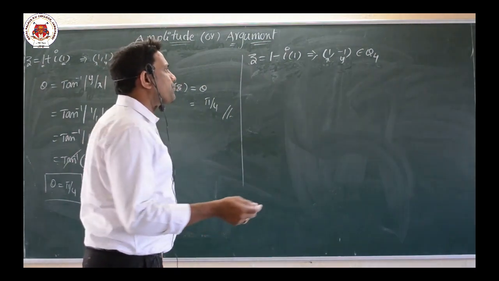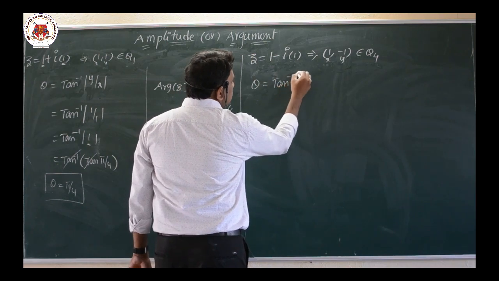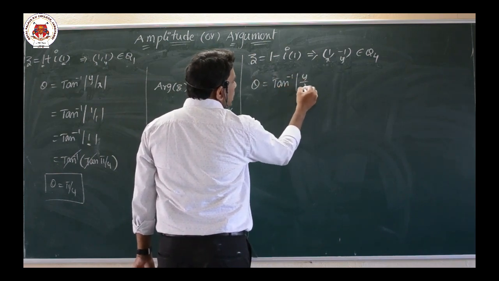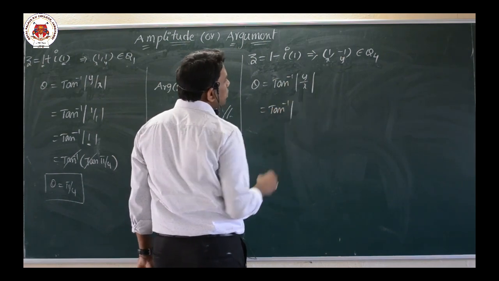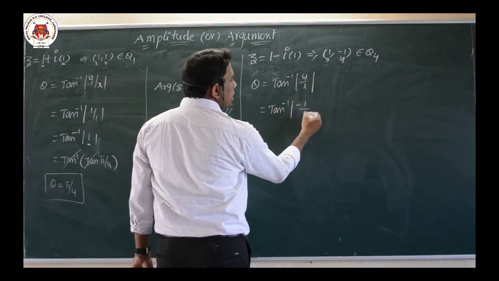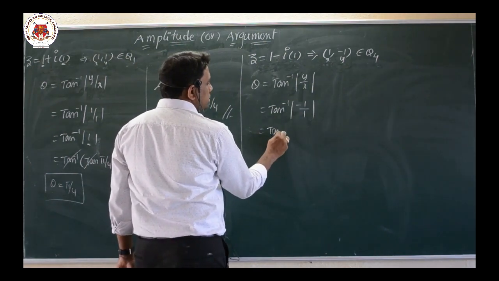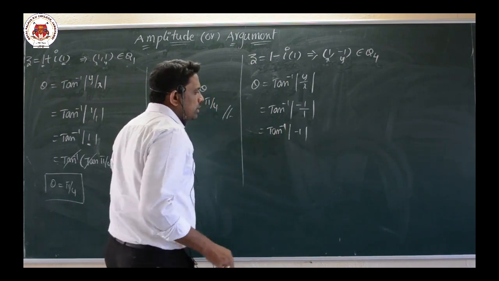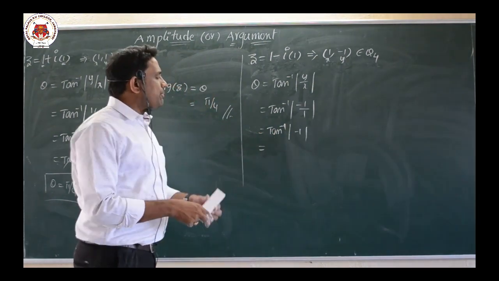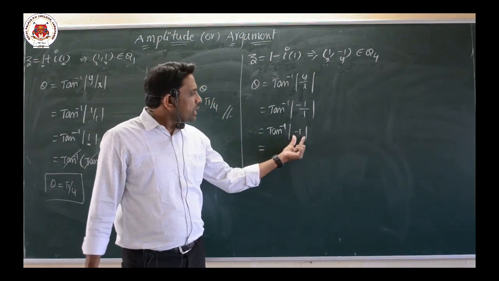As usual we will find out the theta value. What is the formula? Tan inverse mod of y by x. So tan inverse of mod of y value minus 1, x value is 1. So minus 1 by 1 is nothing but minus 1. Tan inverse modulus of minus 1. Earlier we discussed that modulus means the negative value is converted to a positive value.